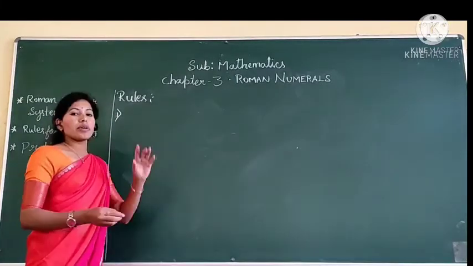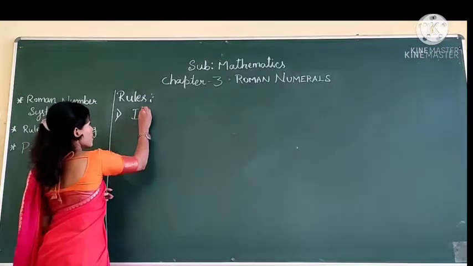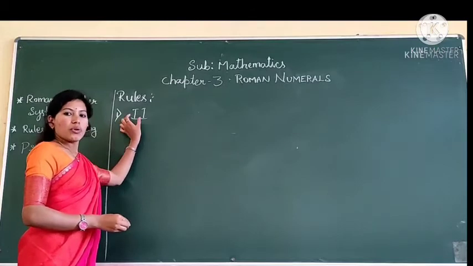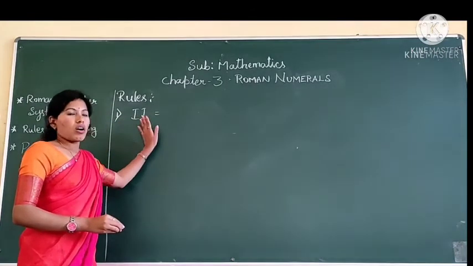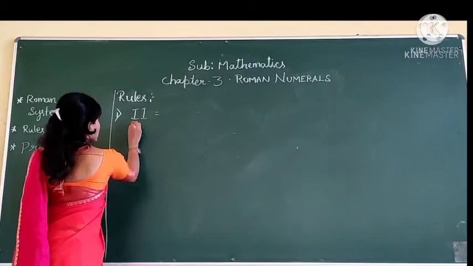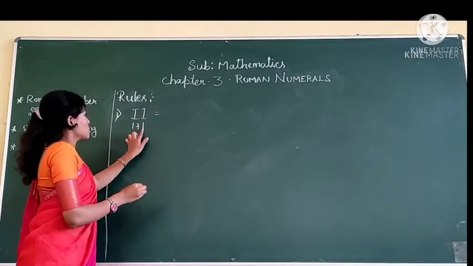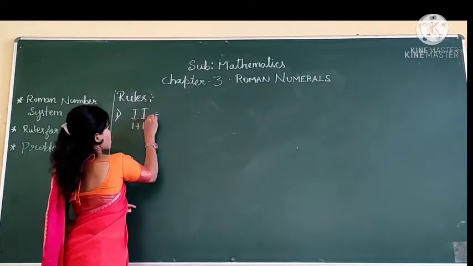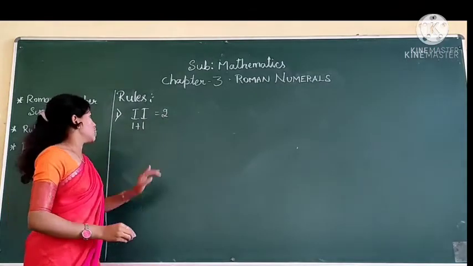In Hindu-Arabic numerals, I is equal to 1. If it is repeated twice, that means it is the sum. I is 1 and this is also 1, so II means 2 in Hindu-Arabic numerals.